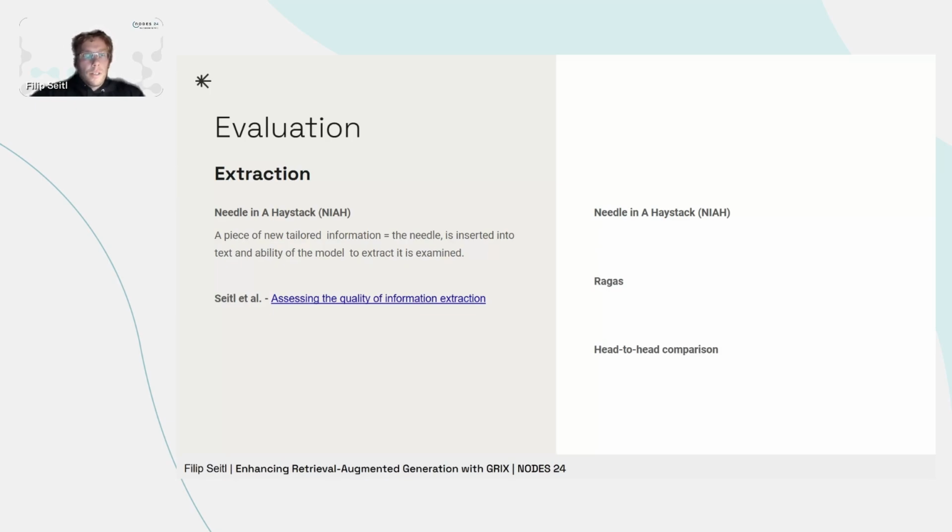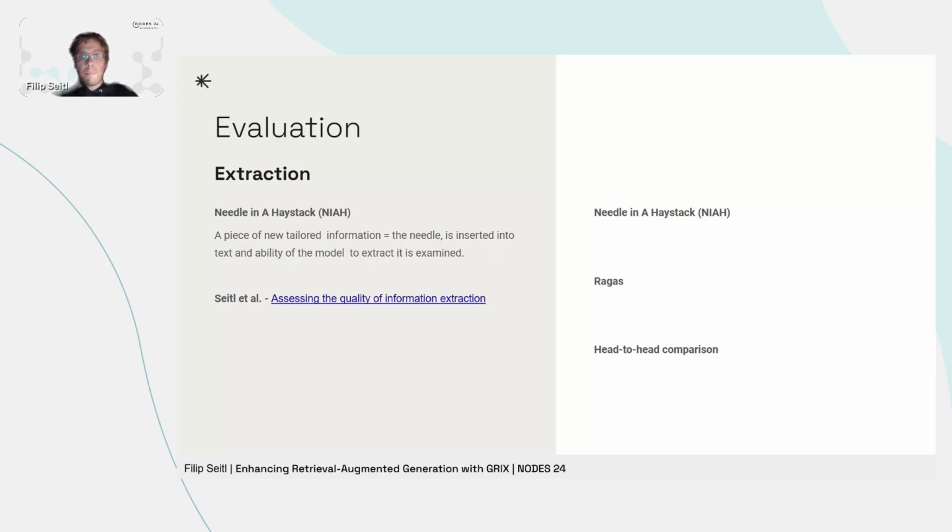So for extraction, we use an idea coming from needle in a haystack. You can imagine that you introduce a piece of new, unique information, the needle, into your document. And then you just examine whether the needle, this piece of information, was extracted correctly or not. This is described in our paper, Assessing the Quality of Information Extraction, in more detail.